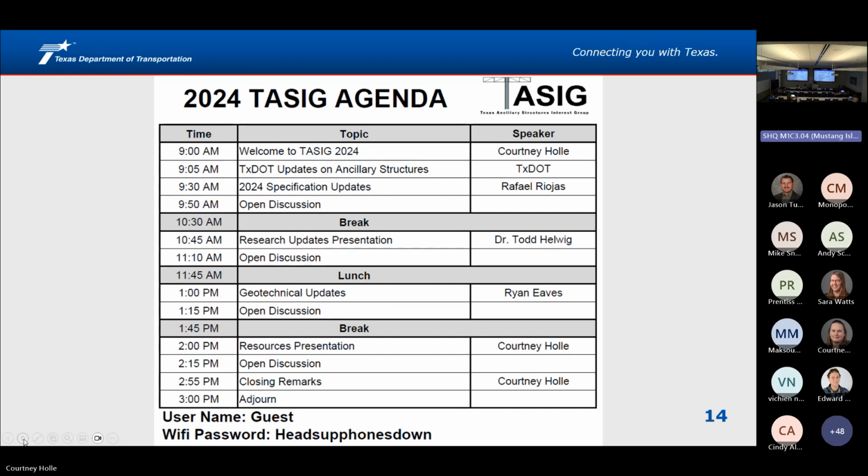We've got the geotechnical updates as to how to use our standards. Since we're moving to the LRFD and things like that, there have been questions coming up about that. And then at the end, there's a quick peek into resources that are up and coming. I know I've been saying that for a couple of years, but we do actually have some visuals. We're getting closer and closer to actually finishing up reviews on those. So we have some details on that. And then we will adjourn at 3.